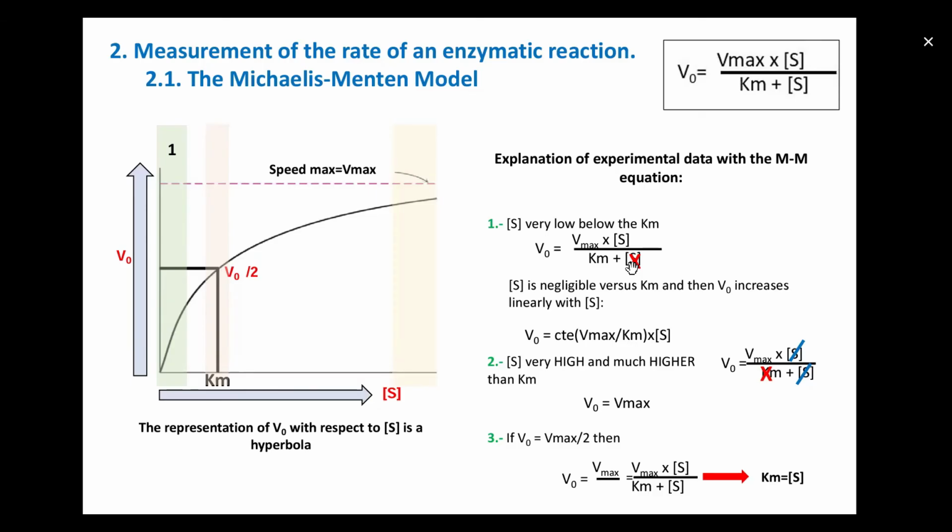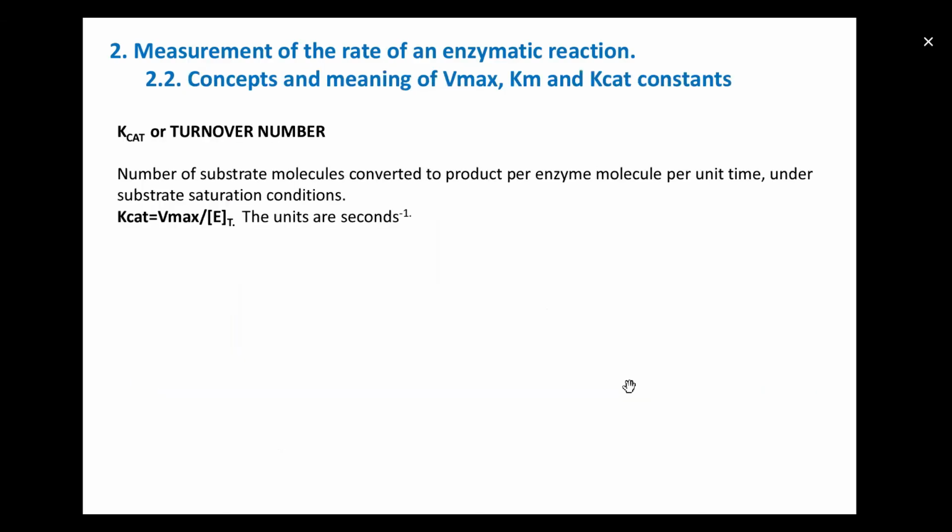And of course, when S is very high, V naught is going to be V max. And if V naught is equal to V max over 2, then at the end, Km is equal to the substrate concentration. So you should understand this scenario.